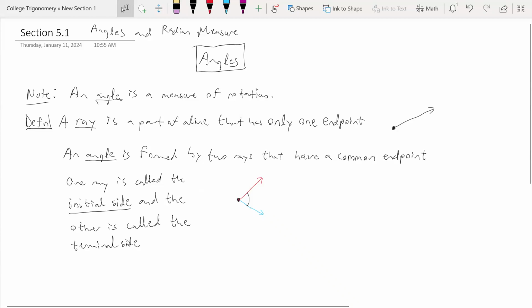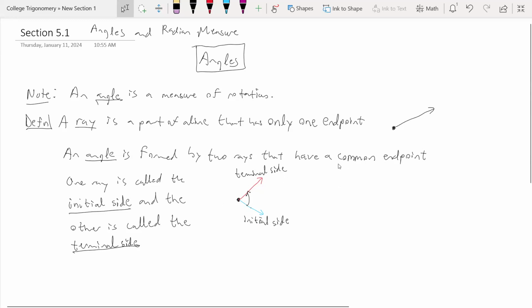So initial side just means starting place. Terminal side just means ending place, right? So really we're rotating from this blue to this red over here, let's say, right? So you see I have a direction of rotation there, right? So now we know we're starting at the blue side and we're rotating up to the red side, right? Okay, so we'll say that this blue side then is the initial side, since that's where we started. And then after rotating, we get to the terminal side. Okay, fair enough.